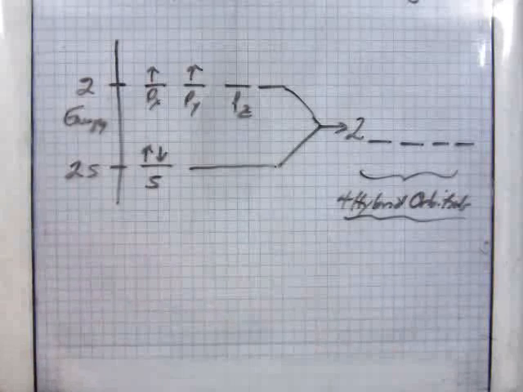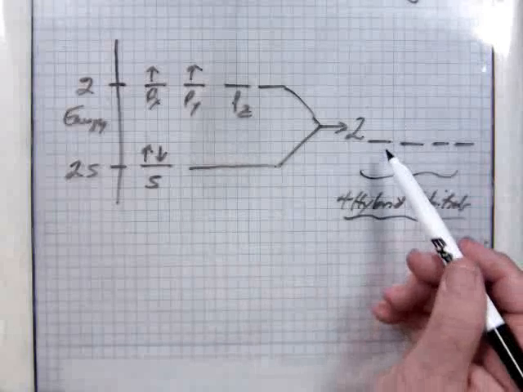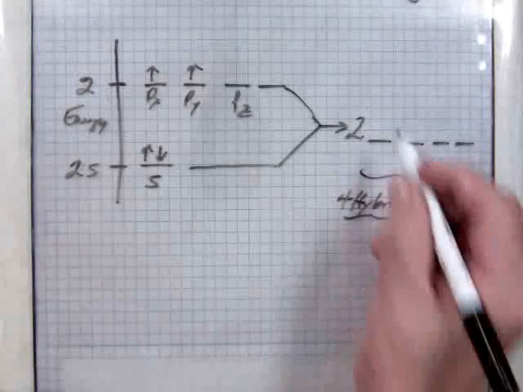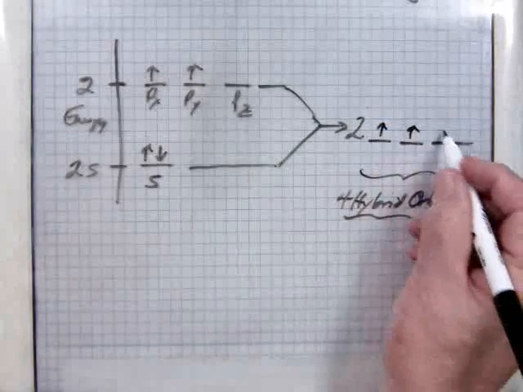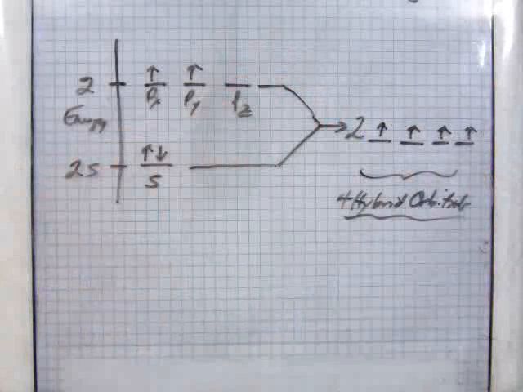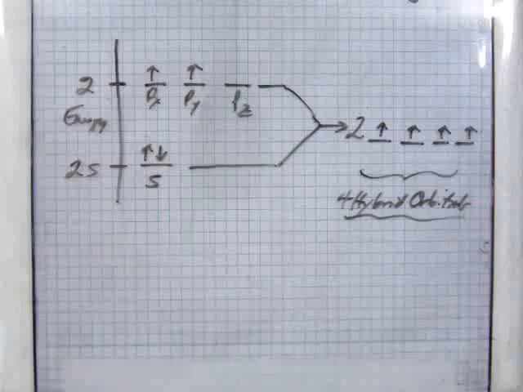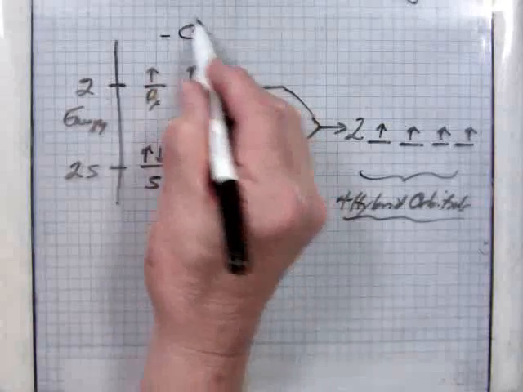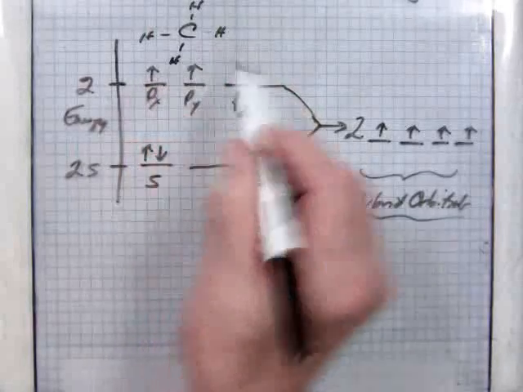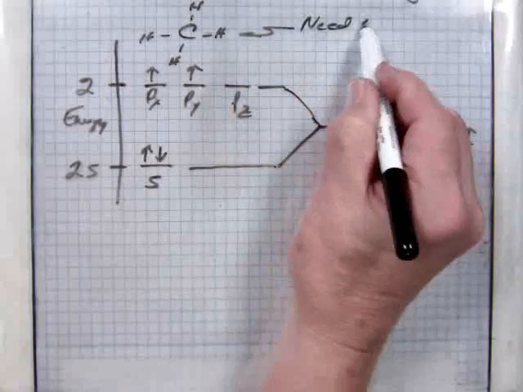So we've taken the apples and oranges and blended them all together in a blender, and we've poured them out into 4 equal stacks. And each one of these stacks happens to have 1 electron in it. Now, there's no electron transfers, but the fact that we have 4 attachments in methane means that we need 4 hybrid orbitals.